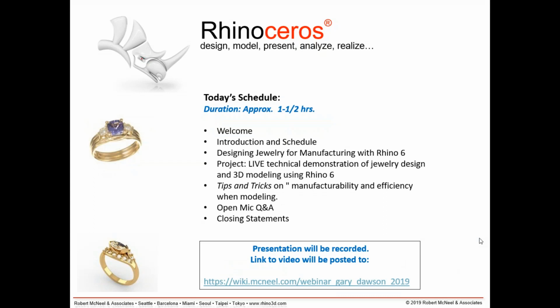The presentation will take about an hour and a half, and then we'll open up the mics for any questions. In the first part of the presentation, Gary will share details about his work and then move into a live technical demo using Rhino 6 to design the ring that you see in the lower left corner.